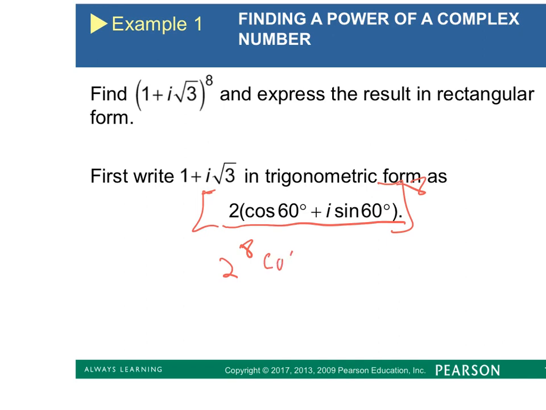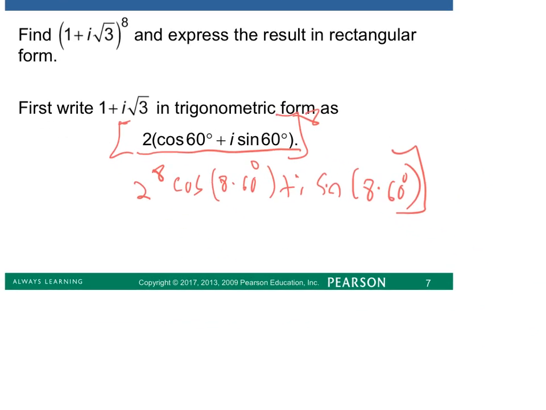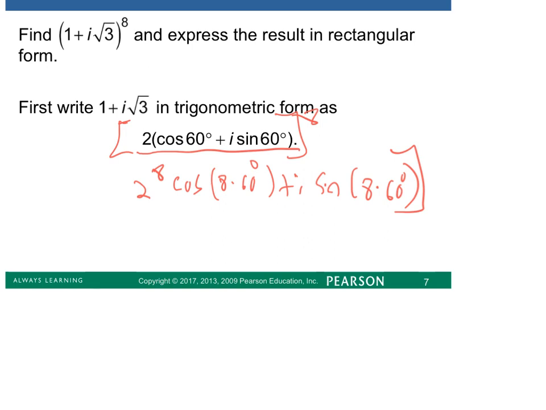And I can write cosine of 8 times 60 plus i sine of 8 times 60. And 8 times 60 is 480.